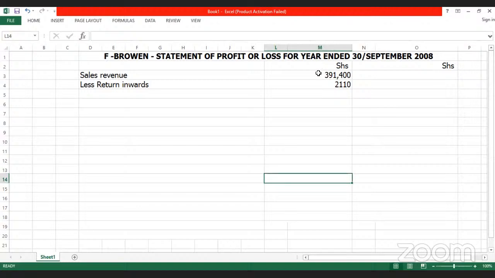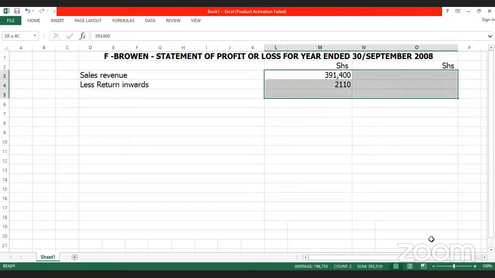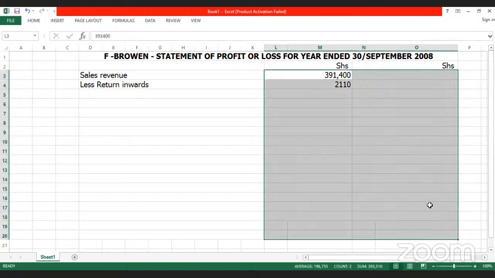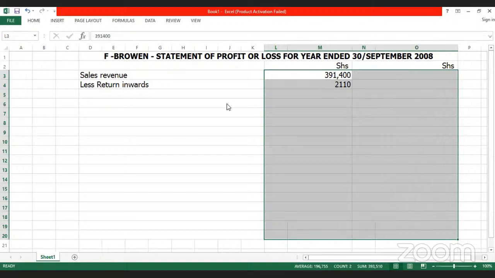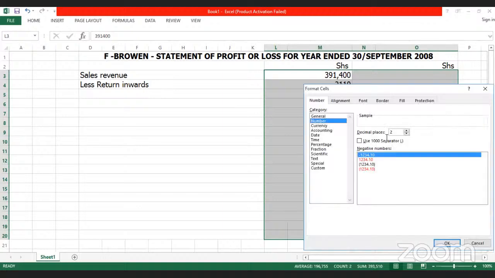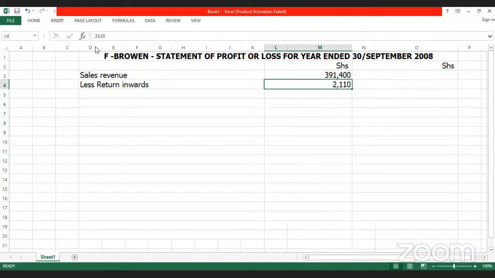Now, these return inwards, we have to minus them from the revenue, because now these goods are being returned. So we deduct them from our revenue to get what we call the net sales figure.